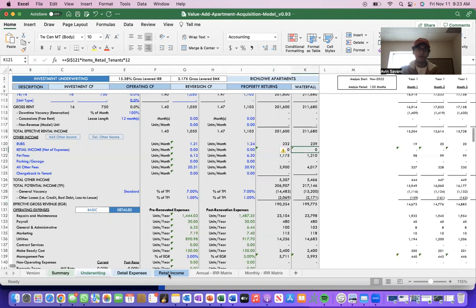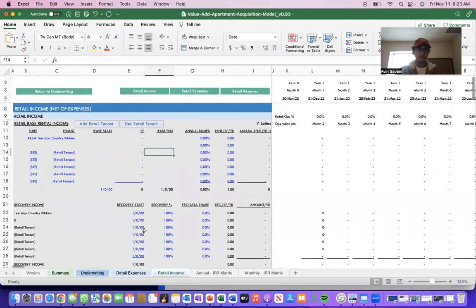And if you go to that tab, you're going to have every single one of your tenants laid out here. You're going to have the lease start date, the lease end date, the square footage involved, annual bumps in the lease, rent per square foot per year, and then the annual rent is displayed there.